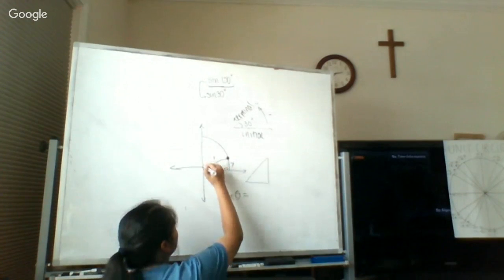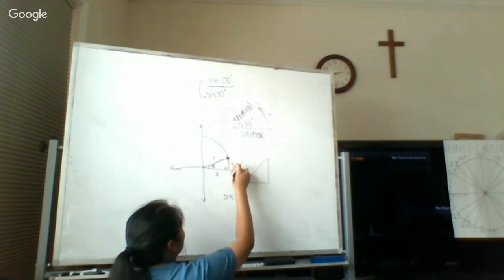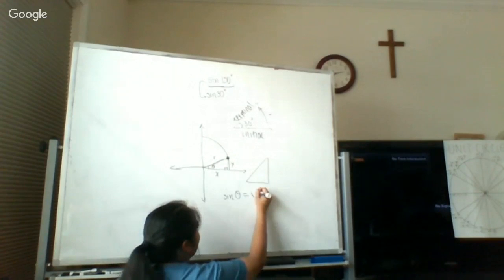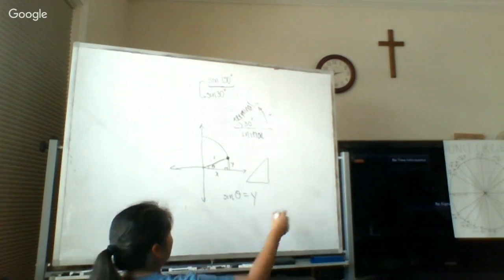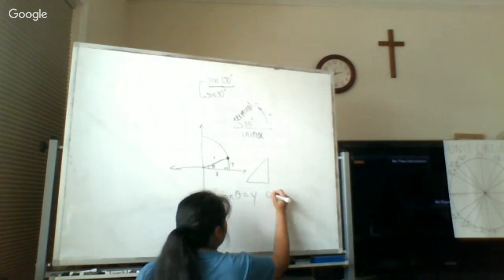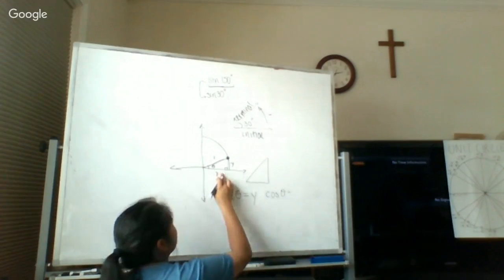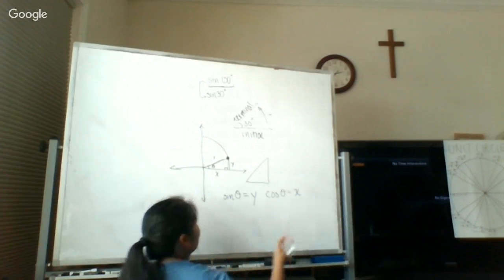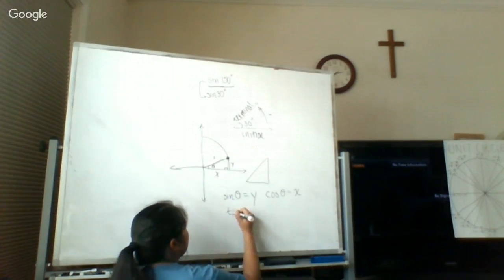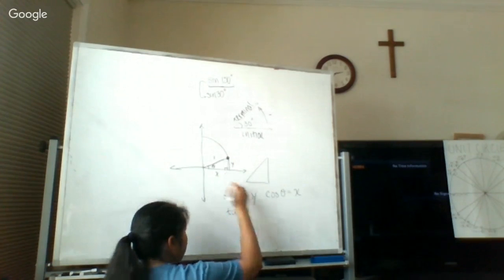So if our hypotenuse is 1, since the radius is 1, sine of theta is equal to y. This would be the y coordinate on our unit circle here. For cosine, we have adjacent over hypotenuse. So in this case, cosine would just be x. And then tangent would be opposite over adjacent.